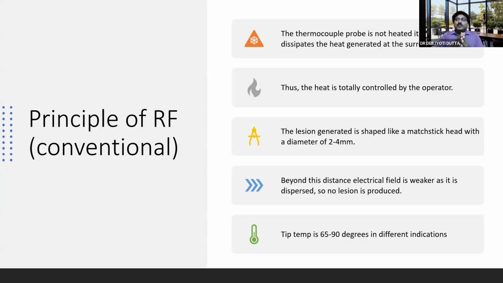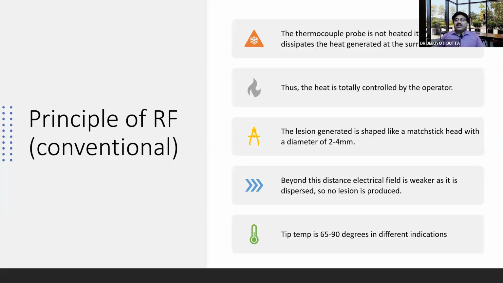Because of the flow of the current, the water molecules around the tip of the needle move to and fro because of the high frequency. They collide with the other molecules, and due to friction, heat is generated. So the heat is actually generated by the tissue around the tip, but that heat is measured by our machine, and we can control it.